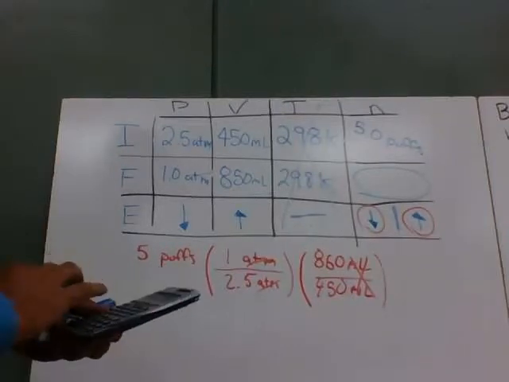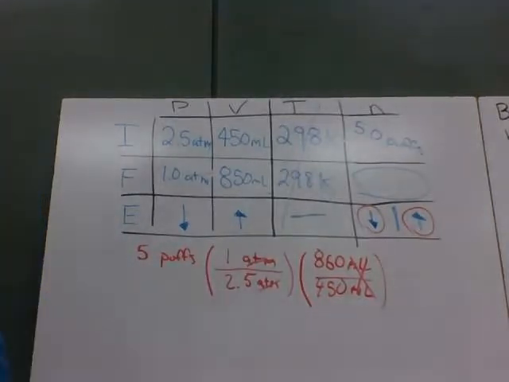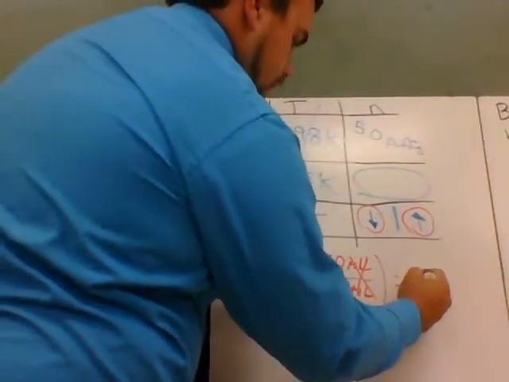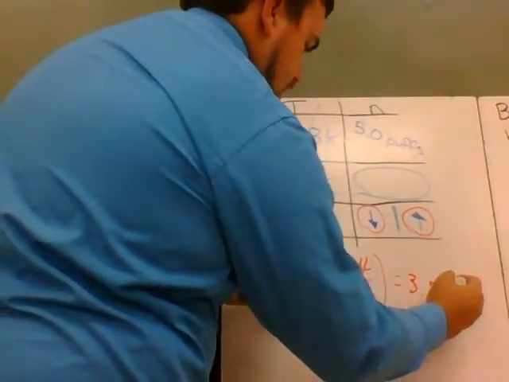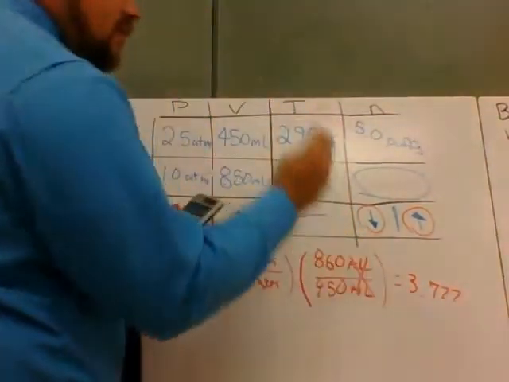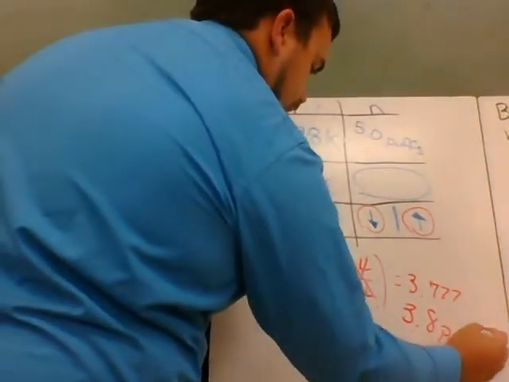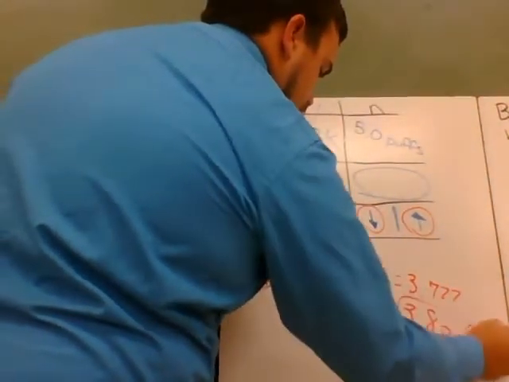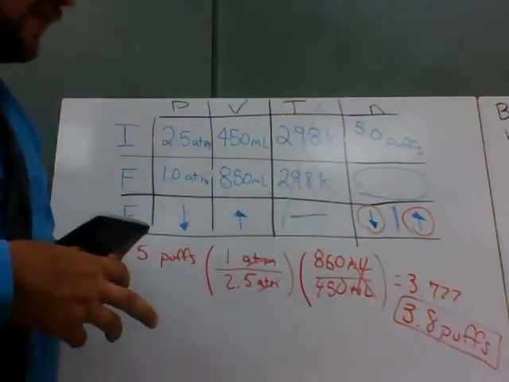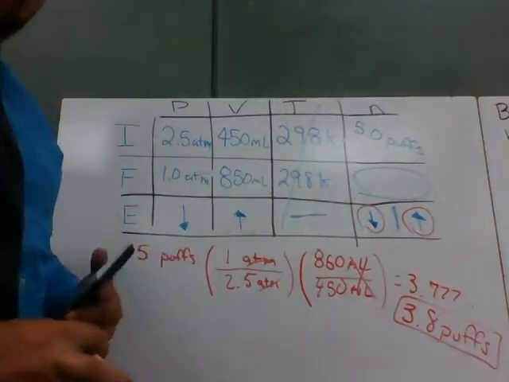The final answer should be 3.777, and so on and so forth. But because I need 2 sig figs, that should be 3.8 puffs. So no longer should the number of particles be 5, but instead this should be 3.8, and that would match these conditions of 1 atmosphere pressure and 850 milliliters. Hope that helps.